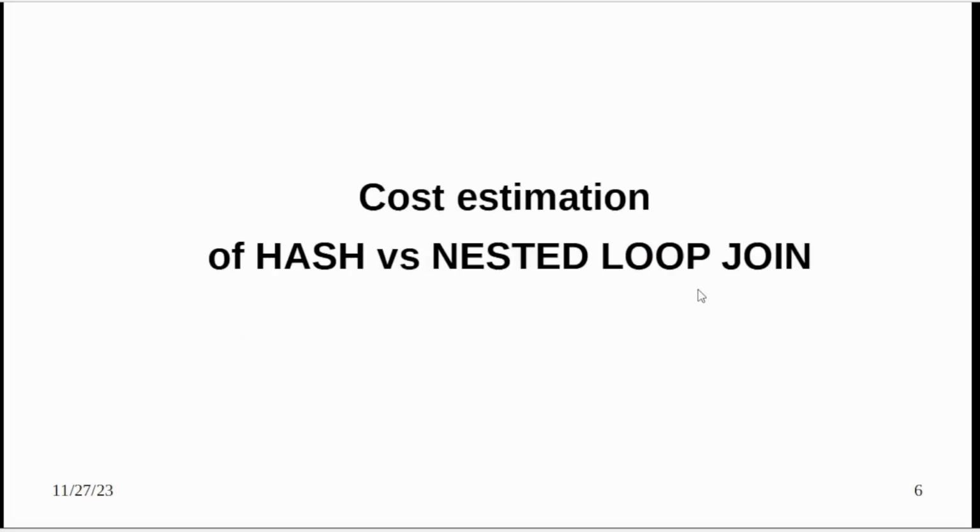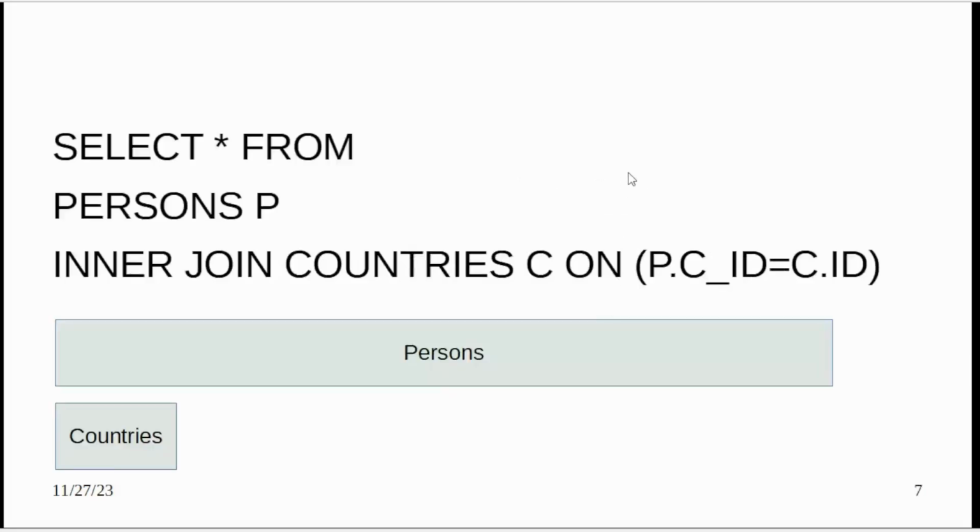Let's see the first, very important improvement in the Firebird optimizer: cost estimation of hash versus nested loop join. Imagine we have a very simple query, select all from persons, inner join countries by country ID.